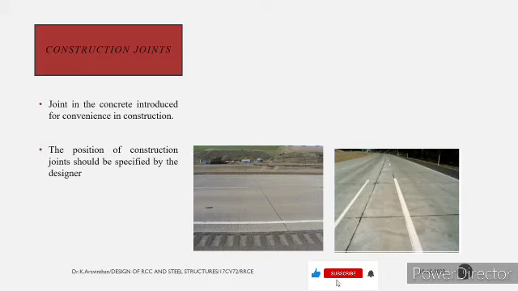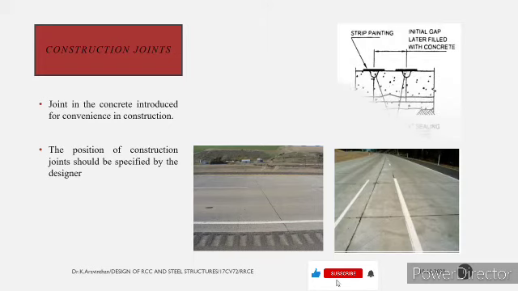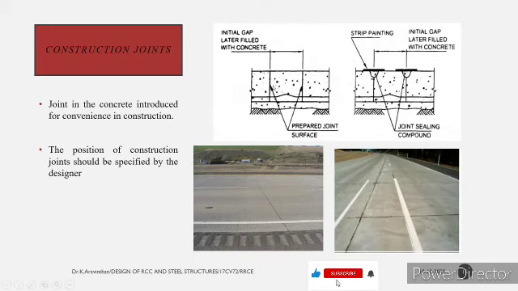The joint in concrete is introduced for convenience in construction. The position of the construction joint should be specified by the designer. So while designing, we should specify the place of the construction joint. This is a member which is cast.